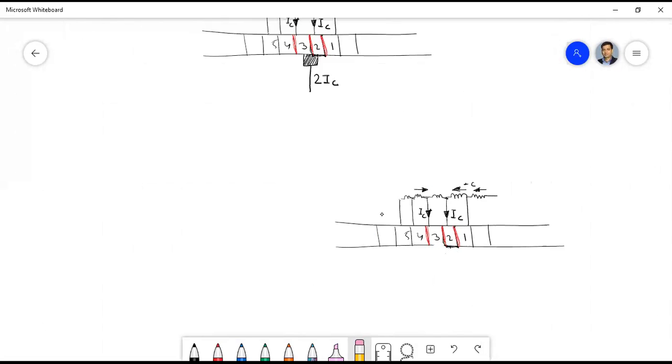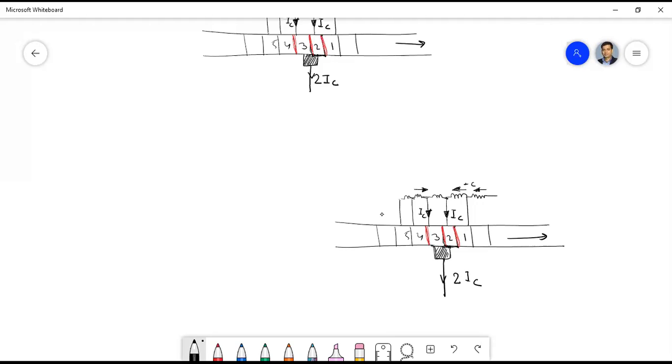Now in the next instant, it will share more with 3 because it's moving in this direction. In all this, the commutator is moving, not the brush, but relatively the brush will move with respect to the commutator. Now in the next instant, there will be more contact with commutator segment 3 than 2.